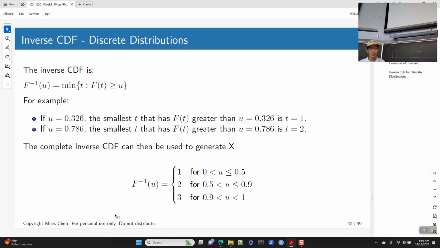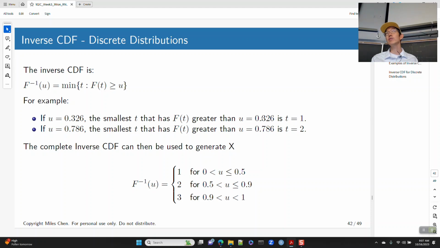So if we plugged in, say, 0.326, it is what is the smallest value of t so that the cumulative distribution function is greater than 0.326, right?